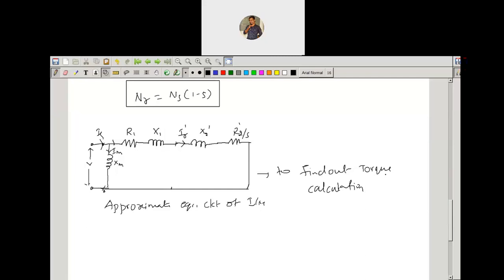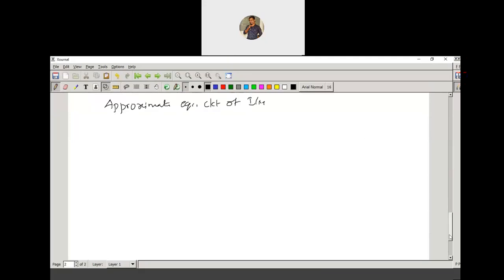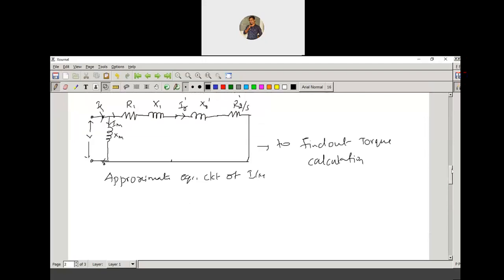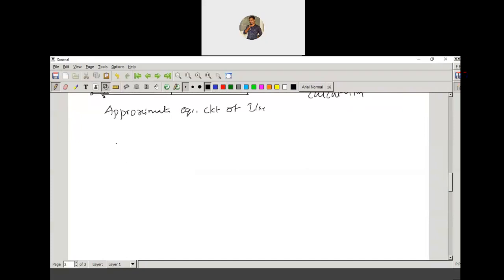So let us go for finding the torque equation here. Before going for the torque equation, I will start from the general formula. If you know the mechanical power output as well as the speed of the motor, then the torque is given by the mechanical power output divided by the motor speed.